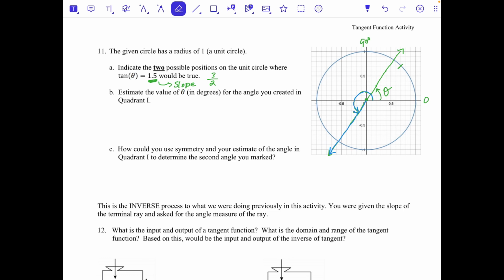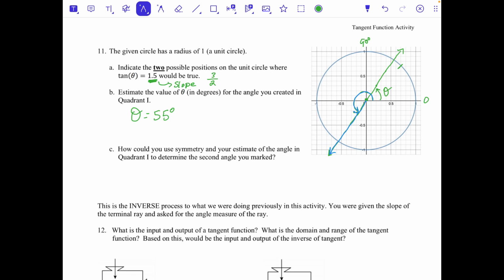So you have to take a guess here. This is an estimate. I might say, let's call it 55 degrees. It's more than 45, less than 90, closer to 45 than it is to 90.